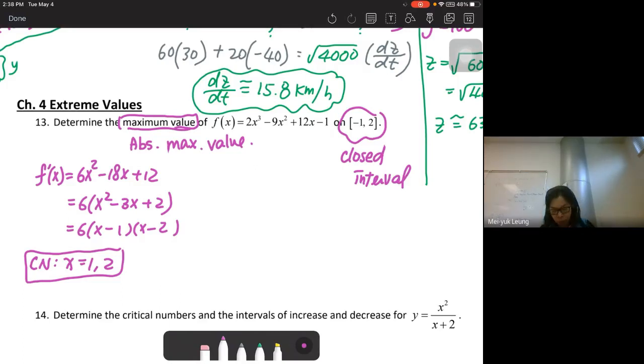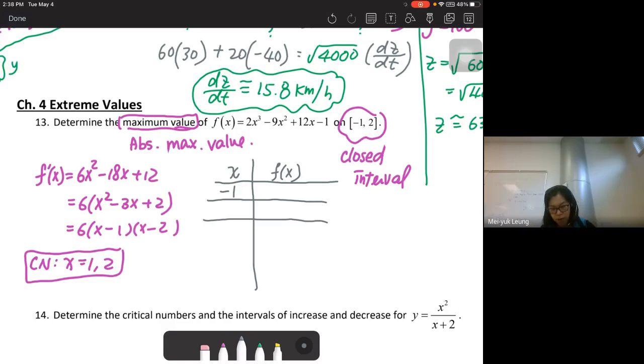Now we are going to simply check the function value at the critical number and at the endpoints. Let's say this is the x value, and this is the function value f of x. We have the lower bound at -1, then the critical number at 1, and the right bound of the interval at 2.